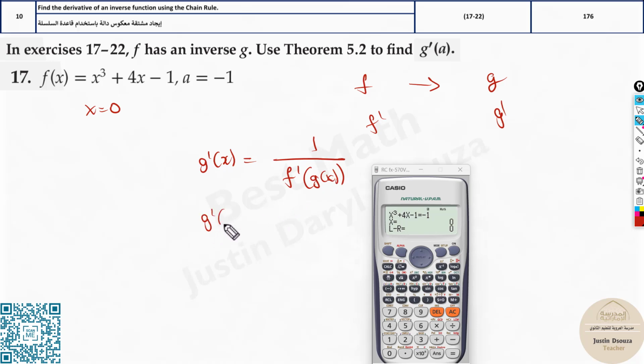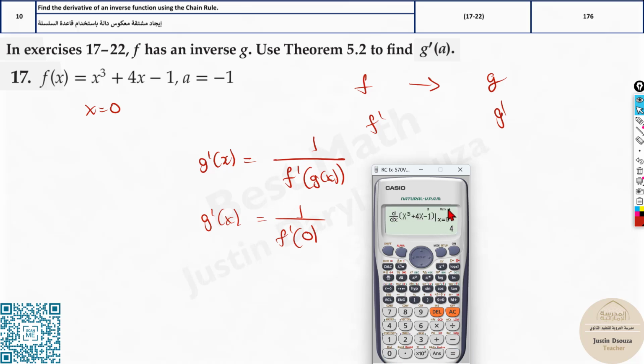So g derivative of x is equal to 1 by f derivative of this g of x, which is basically 0. Now how do we find the derivative? Derivative is given by this, shift and dy by dx, right? So given function derivative is x power 3 plus 4x minus 1, and what x value, 0.